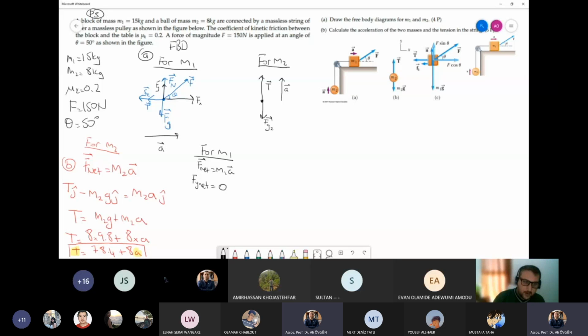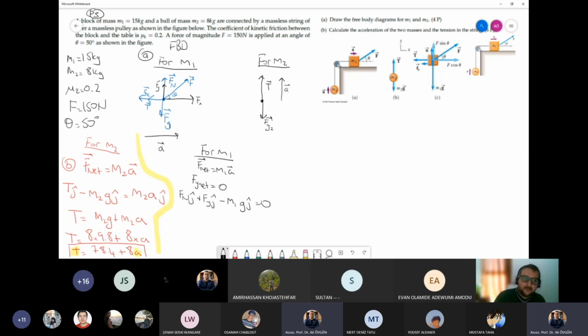So let's write the forces on the y-axis. Let's write what the forces are. F normal j hat plus Fy j hat minus M1G j hat equals 0.